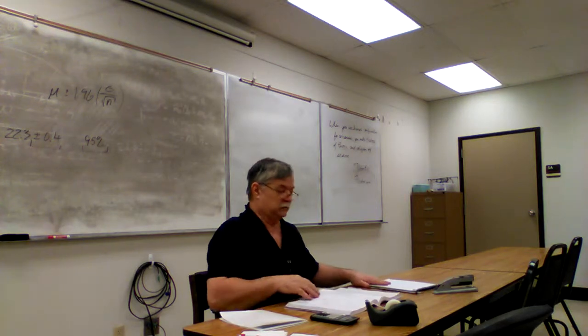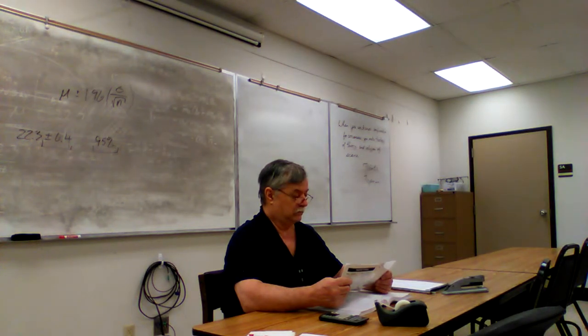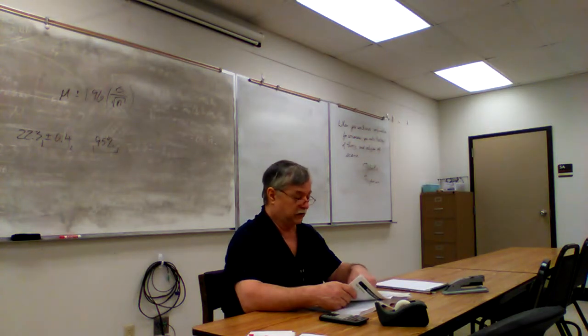So if we use our handy dandy table E, and we look up alpha over 2 of 0.005, we actually use 0.0049 because we're being conservative, and that gives us a Z value of minus 2.58.